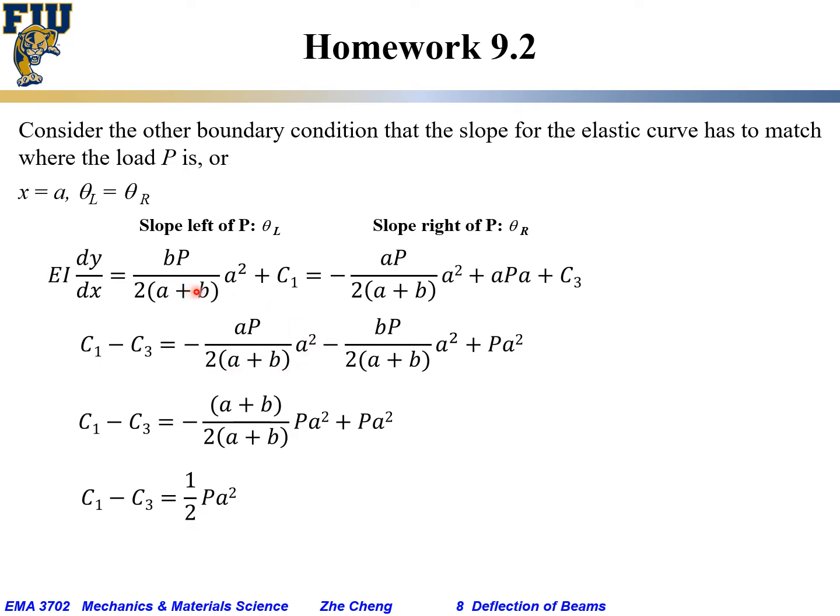This term moved to the right has a negative sign in front, and AP A becomes P times A squared. And for these two terms, A squared we keep at the end, the denominator is the same, 2 times (A plus B), and the P we put at the end, then we have A plus B, and don't forget both have a negative sign, so a negative sign in the front, and A plus B cancels out. We would have minus half PA squared plus PA squared would be positive half PA squared.